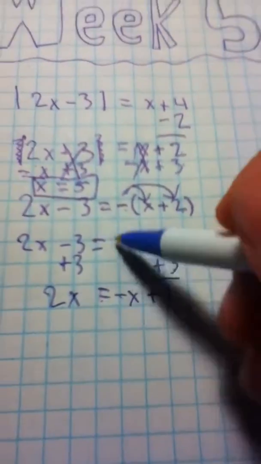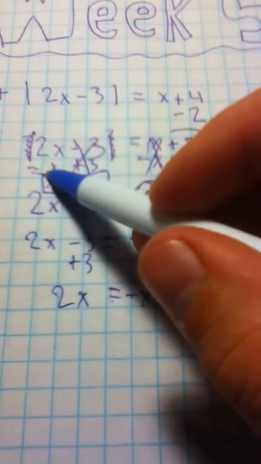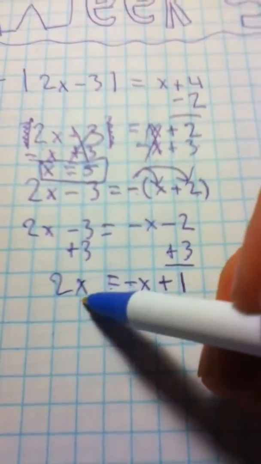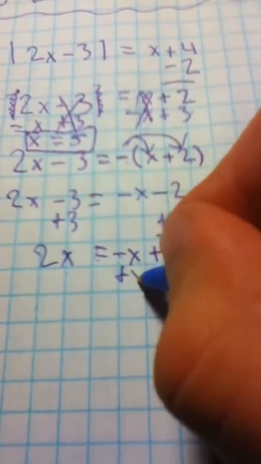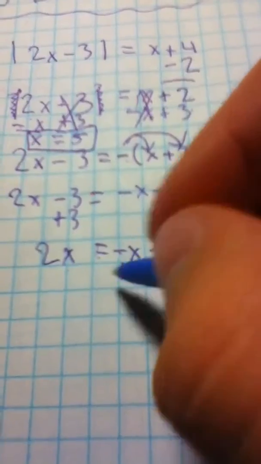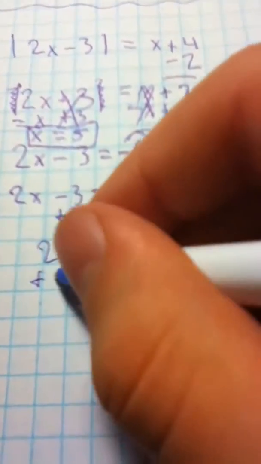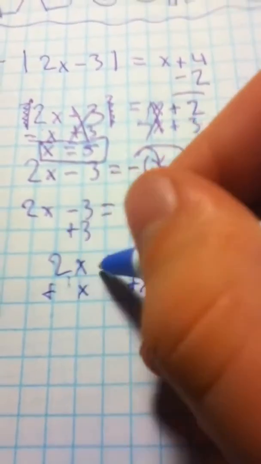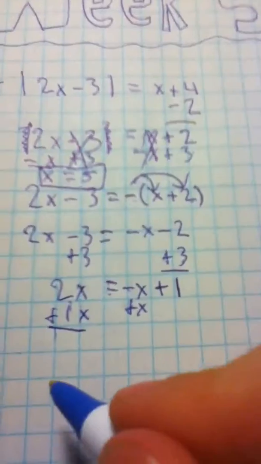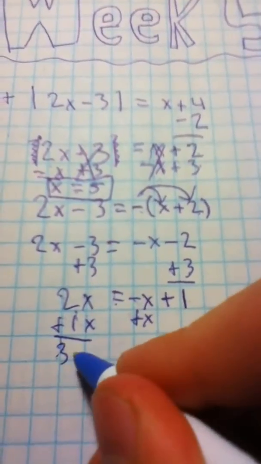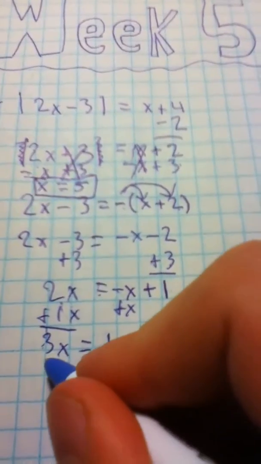And then we do the same thing as we did. We would subtract the x and put it on to the side. So then we add x from here and add right over here. So plus x. It's also the same as saying 2x plus 1x, which gives us 3x, then equals 1.